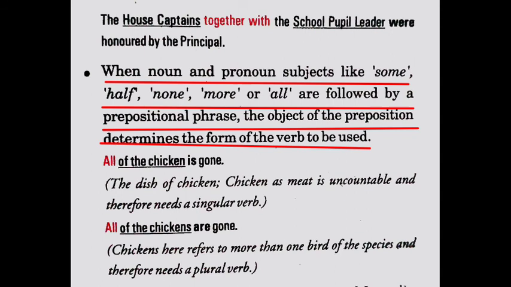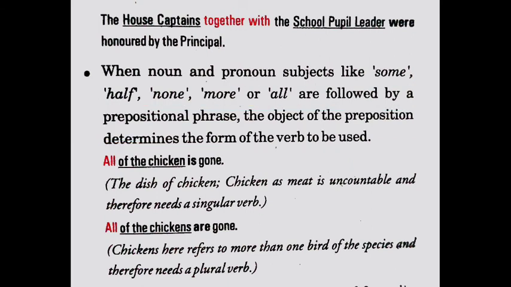Now when noun and pronoun subjects like some, half, none, more, all are followed by a prepositional phrase, the object of the prepositional phrase determines the form of the verb to be used. See, in the starting I told you that prepositional phrases do not affect the agreement.